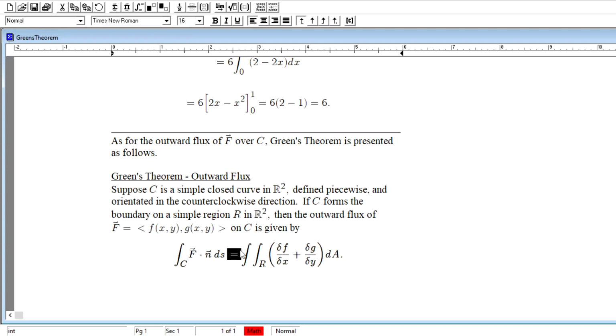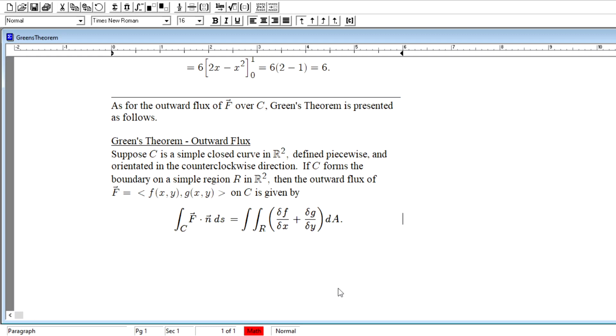And what we're integrating here as a double integral is the total divergence across region R. The total divergence across region R is going to describe the entire outward flux seen on the boundary of R, as we are setting up here in this form of Green's theorem for calculating outward flux.